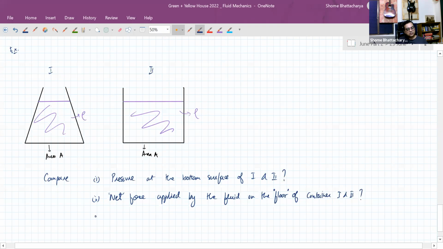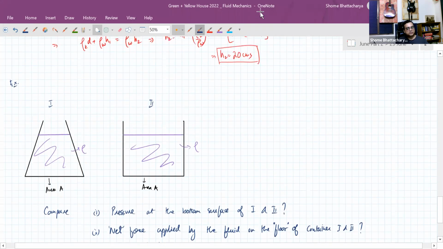Then we have to consider the weight of fluid in container 1 and container 2. And now the thing is, does there seem to be any contradiction? So that's something you have to figure out.